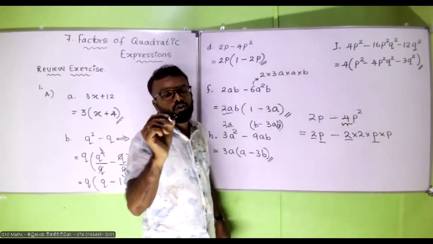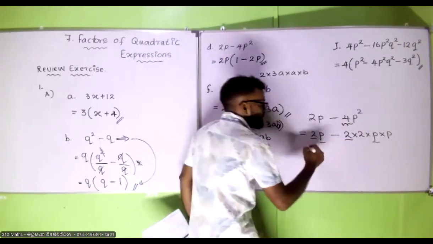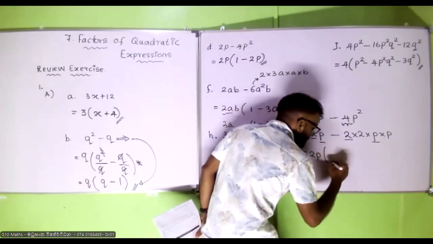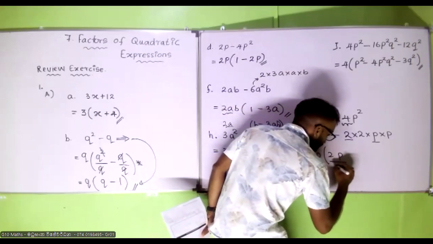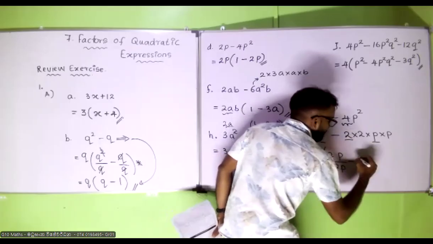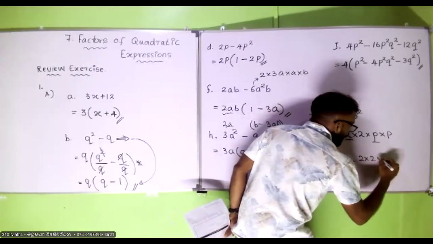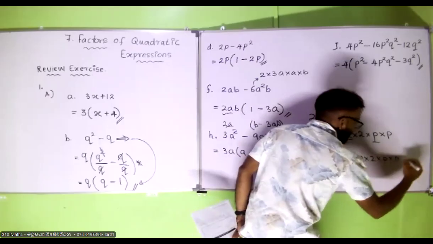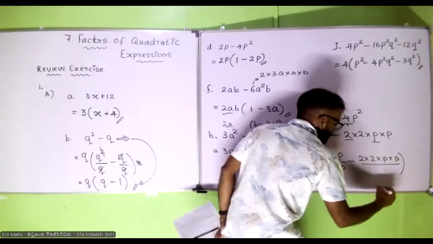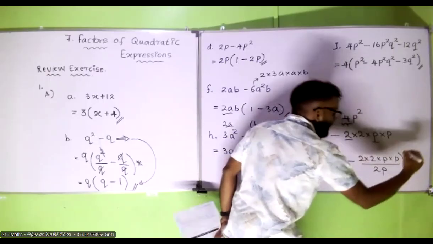So you are going to take that 2p out from this. That means, in other words, you are going to divide this first term by 2p. This is minus. Here you have 2 times p times p. So this is how we are going to choose our highest common factor. Divide this term by 2p as well.